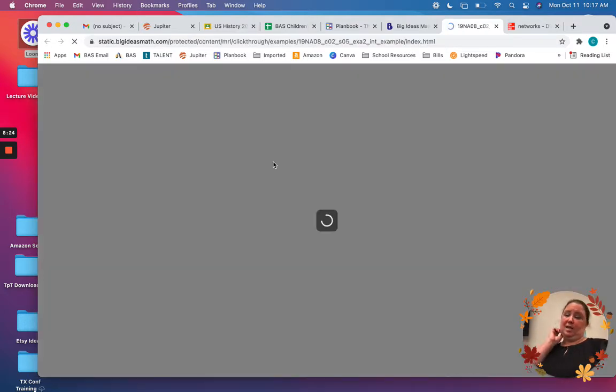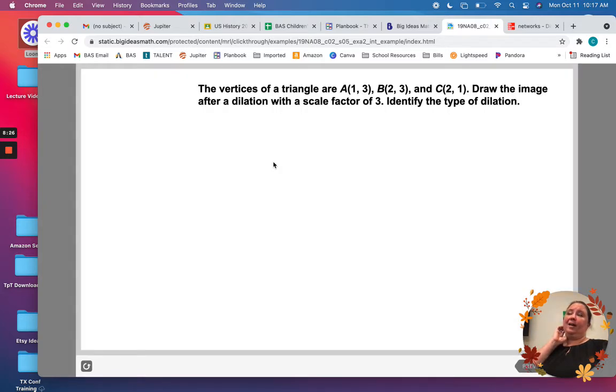Put this in your journals. You're going to use scale factor. The scale factor is the number that will tell you whether you're reducing or enlarging. It'll either be a whole number greater than 1, which means it's an enlargement, or less than 1, which means it's a reduction. Here are the vertices of a triangle.